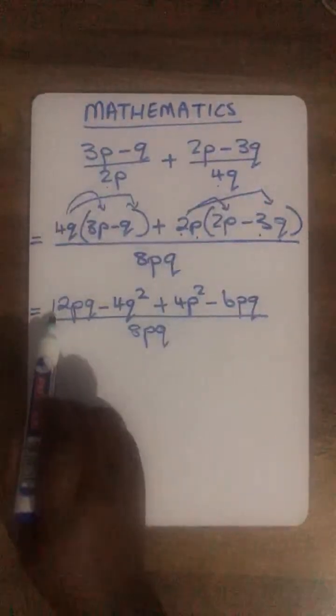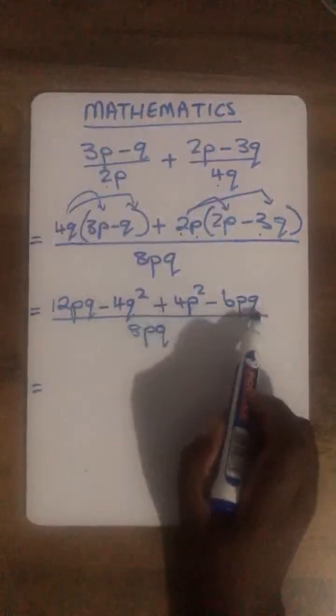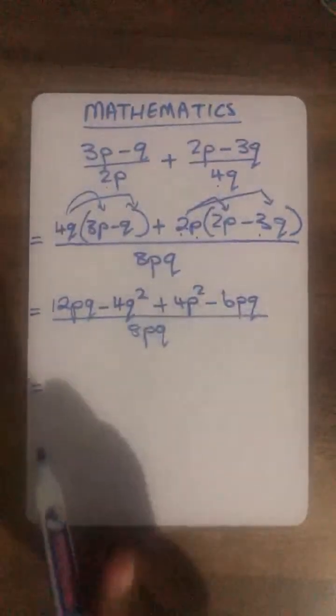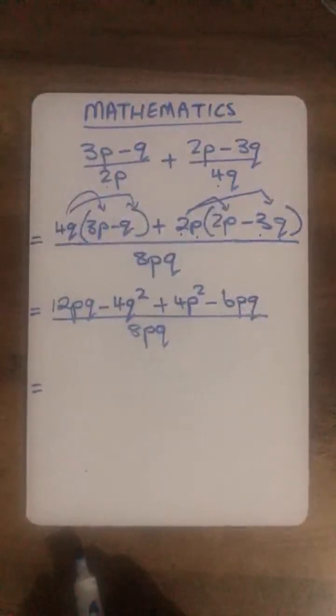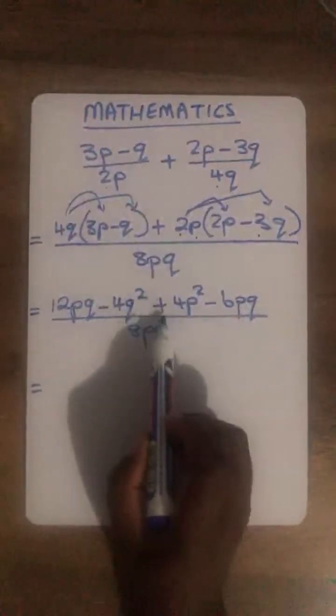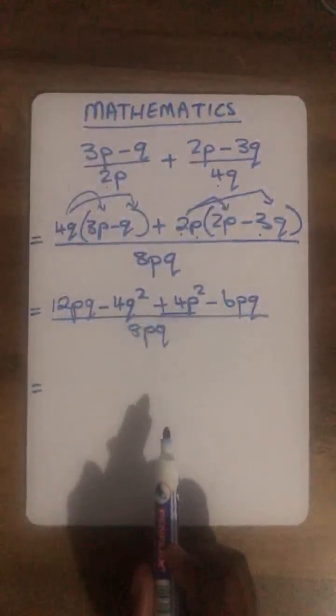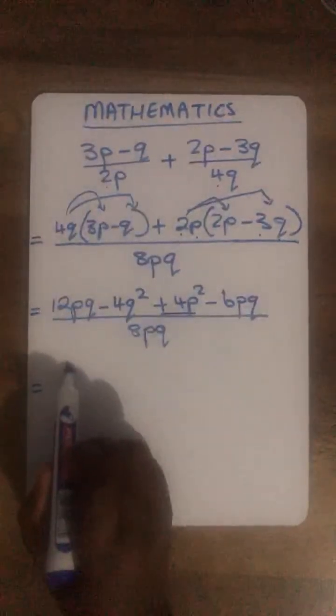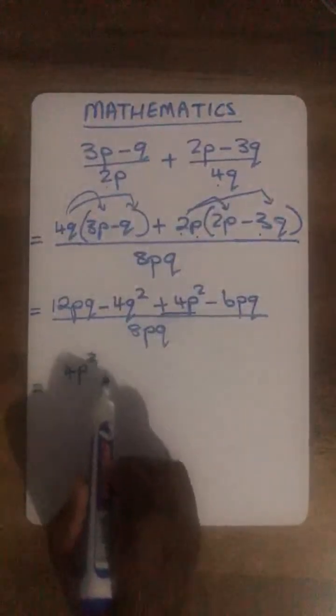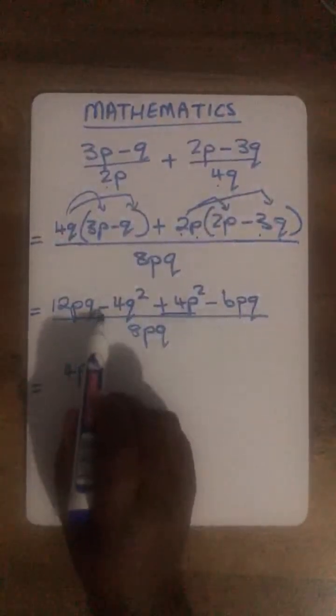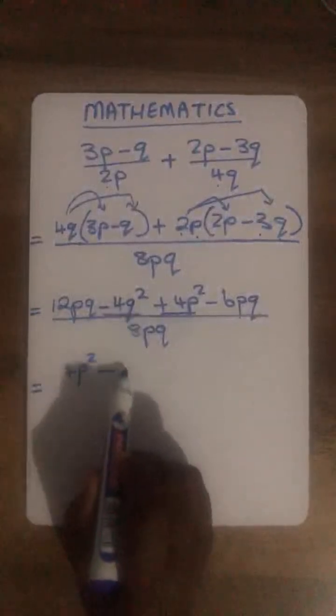Oh yes, we have 12PQ, we have a negative that PQ. This is my advice, honorable members. Start with that one being positive 4p squared. Can you see this one? Positive 4p squared. Then after, you can write this one having a negative.